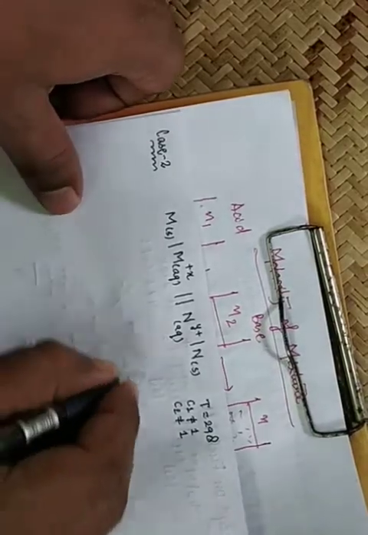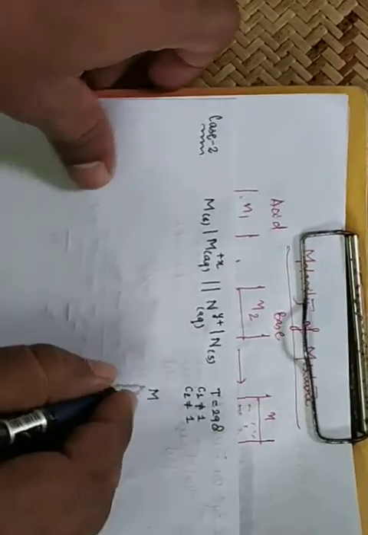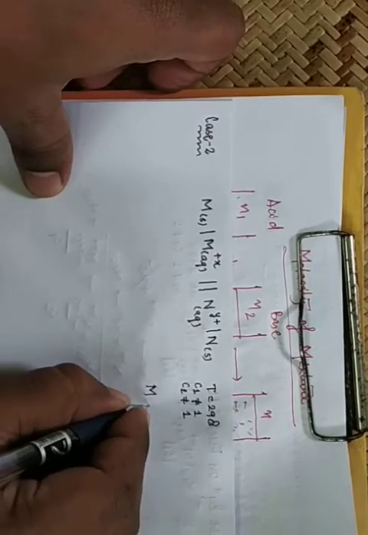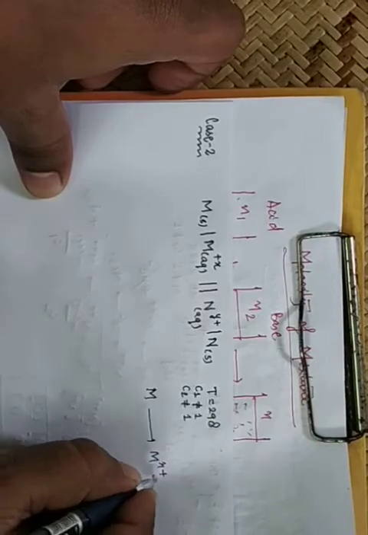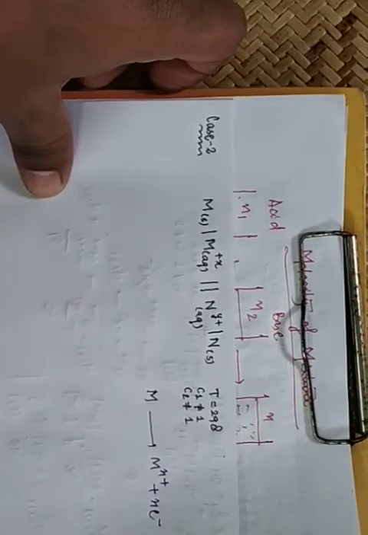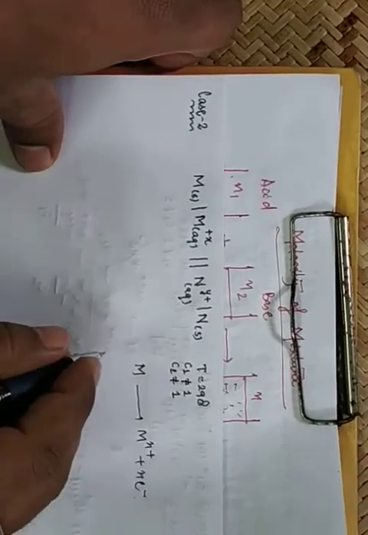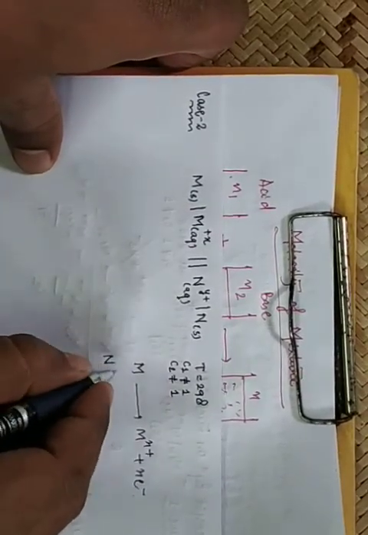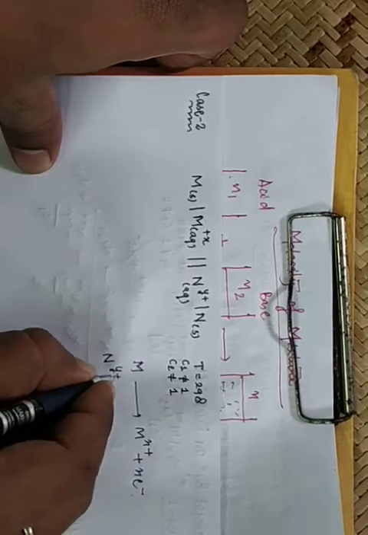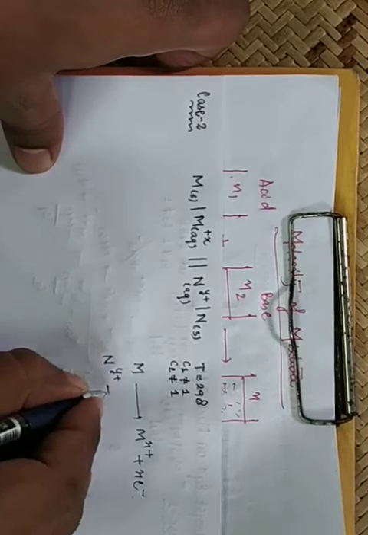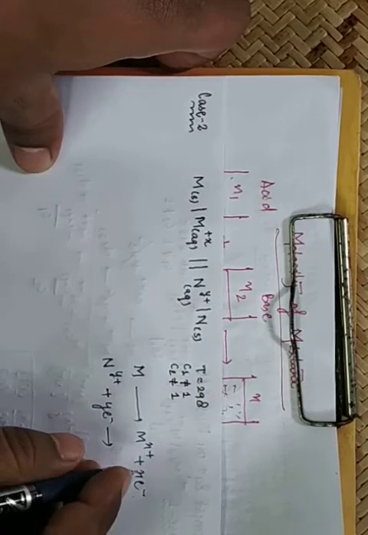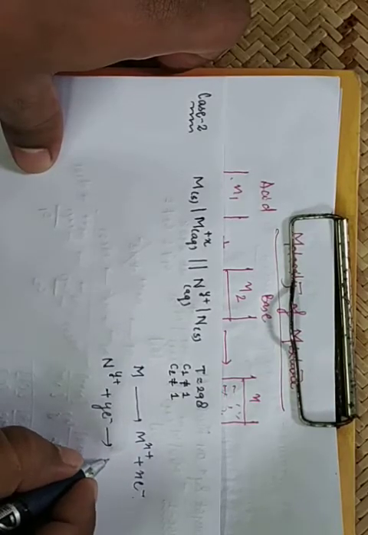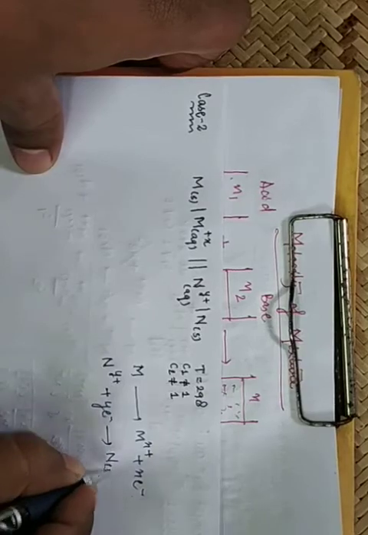So first you write M solid converted to M^x+ plus x electrons. Because the charge is different, then N^y+ accepts y electrons and gives N solid.